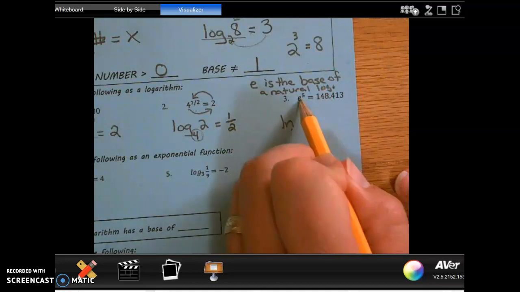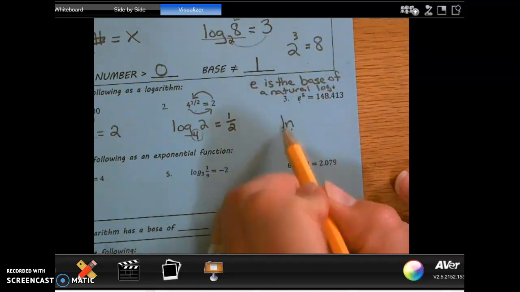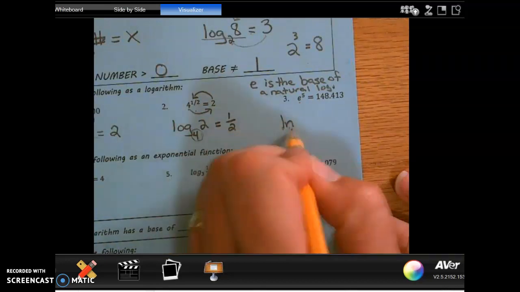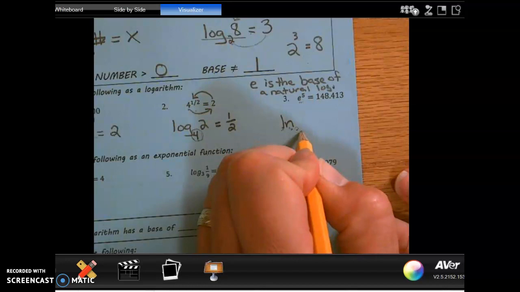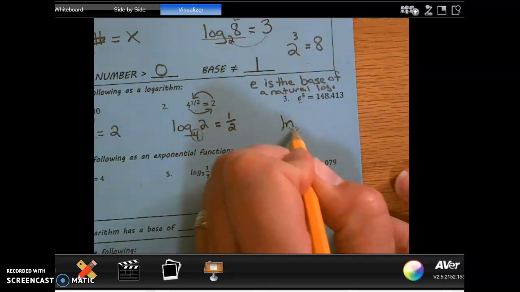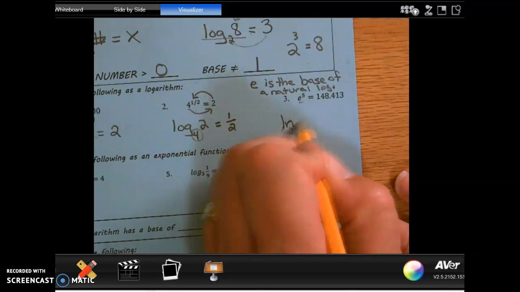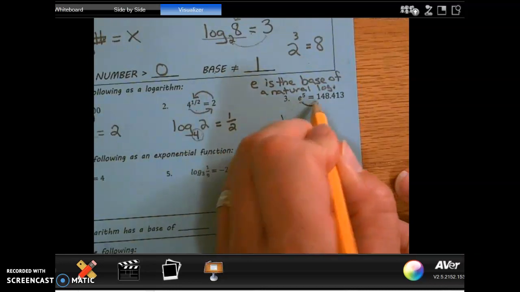So anytime you're using base e, we can use natural log, okay? And natural log is always base e. So starting here with e, we do not have to put the e here. It's assumed to be there. You do not have to put the e there. Going around in the circle.